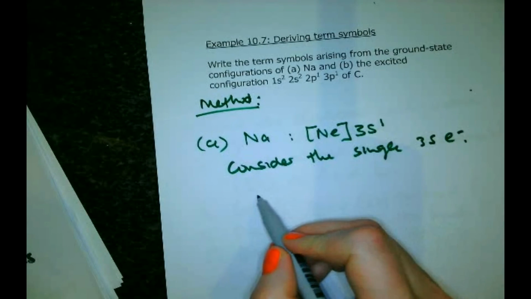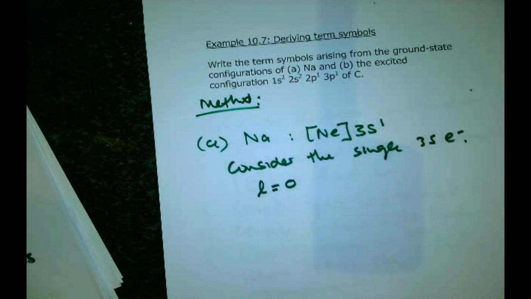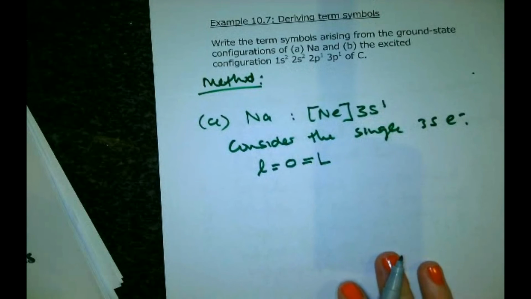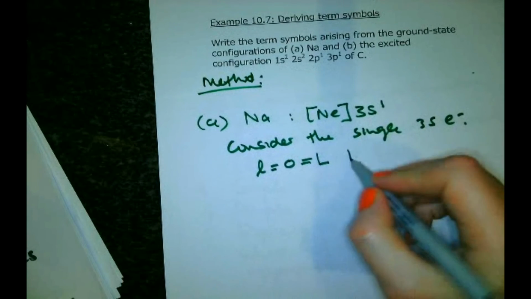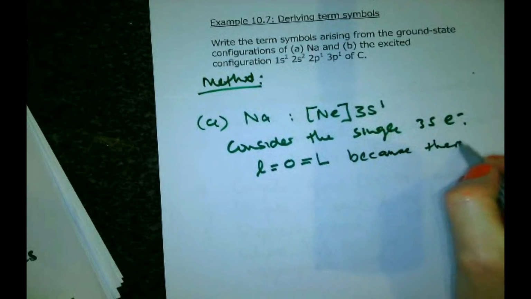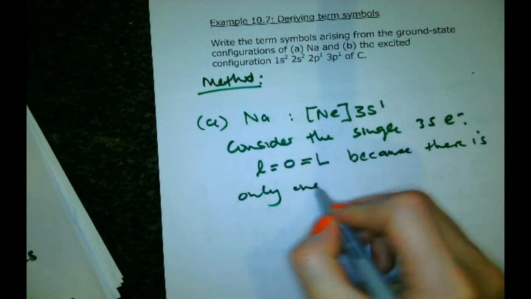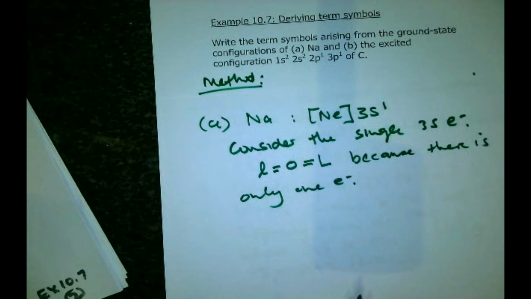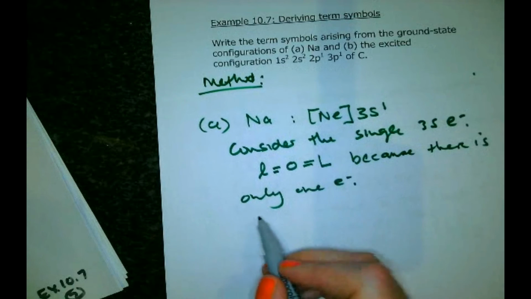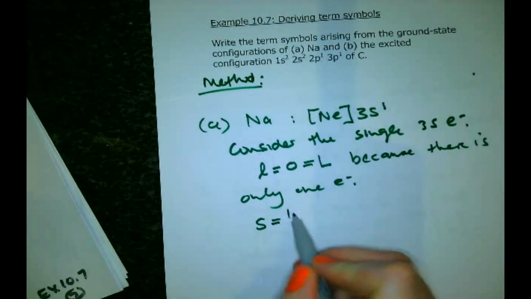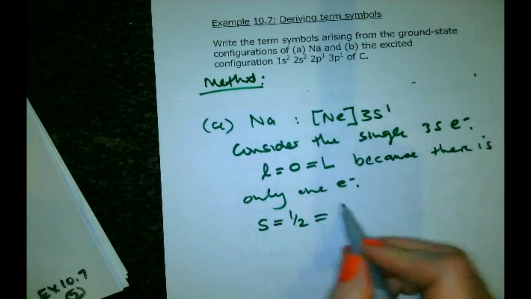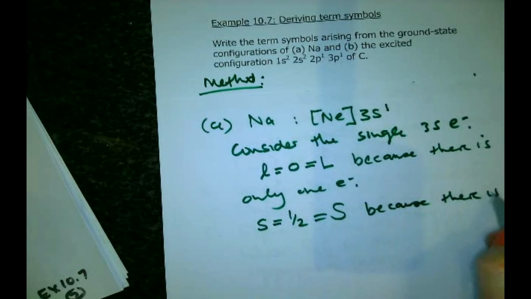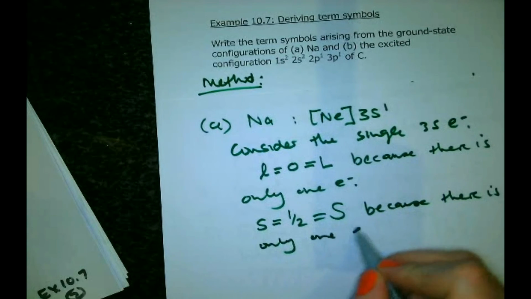For that electron, l is equal to 0, and we said for a single electron that is also equal to uppercase L, because there's only one electron. Then we couple the spins for that one electron. That is also the case, because there's only one electron.